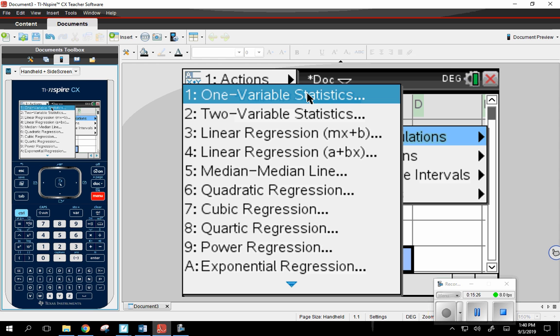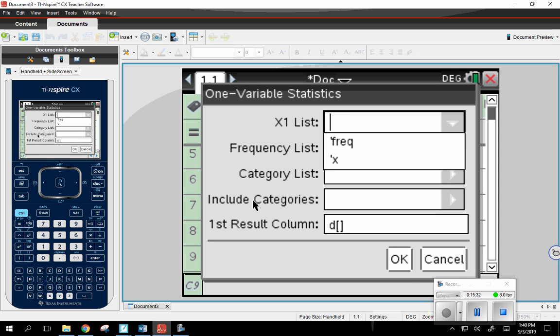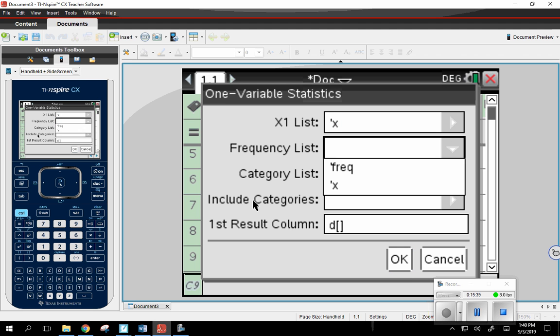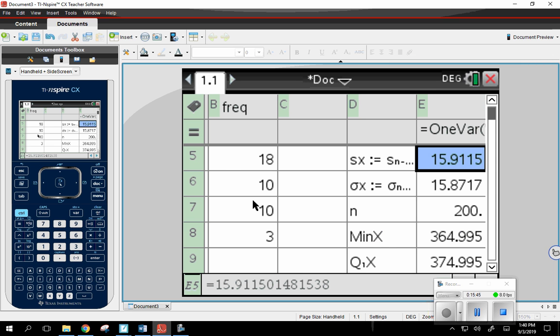So this is still just one set of data. So one variable statistics. Click OK past that. This one we have to choose both of these. So for the X list, I'm going to choose X. For the frequency, I'm going to go ahead and choose frequency. Looks like it's going to appear in column D. And here we go. I would say it's about 15.9.